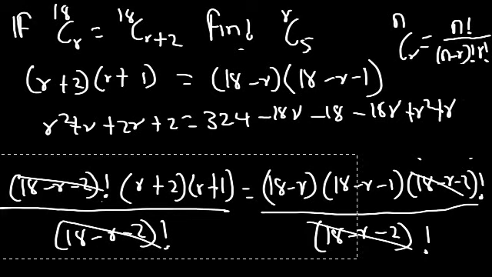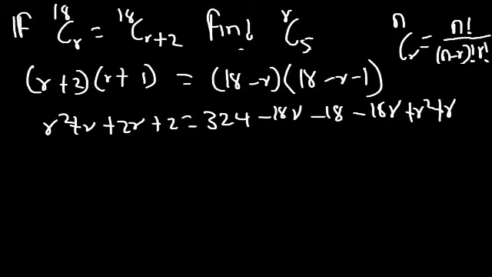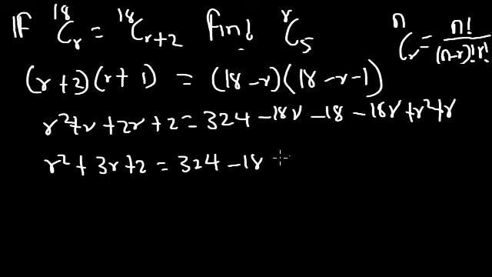Let's continue simplifying. So now we have r squared plus 3r plus 2 equals 324 minus 18, I'm trying to calculate like terms, minus 18r and minus 18r, then plus r squared.